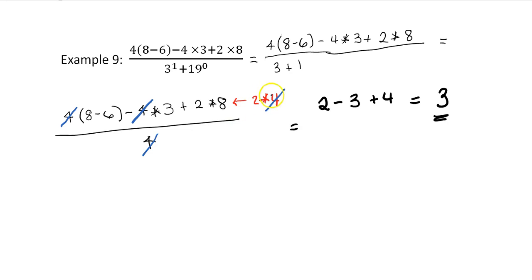So I can take that 4 out of everywhere in the numerator and cancel it with the 4 in the denominator. And when I do that, I wind up with a 2 minus a 3 plus a 4, because I have a 2 times 2. So 2 minus 3 gets me a negative 1, plus a 4 is going to get me 3, and that is my solution.